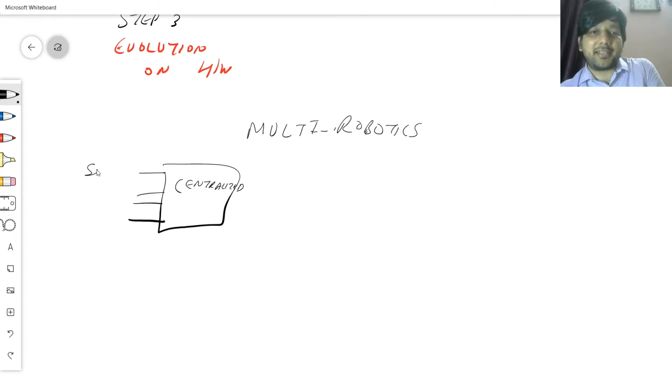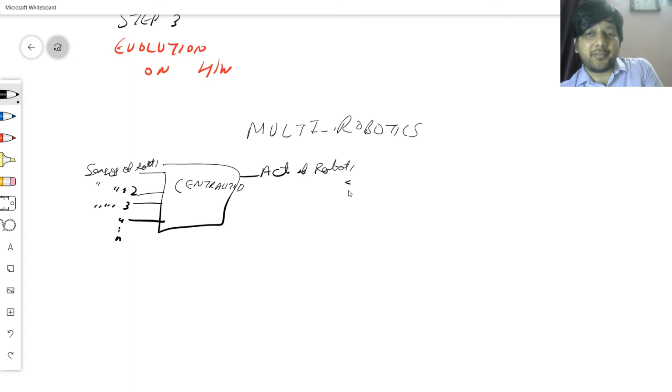So this is sensor reading of robot 1, sensor of robot 2, sensors of robot 3, 4, all the way up to n. And this is actuators of robot 1, 2, 3, all the way up to n. So you had 3 robots.